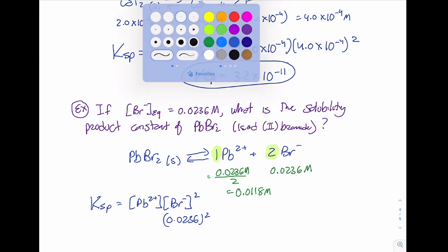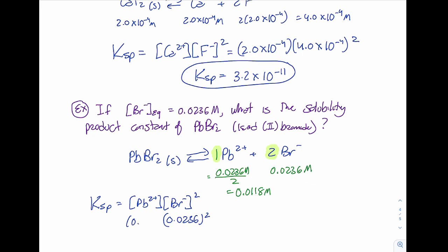So going back and plugging that number in, and then doing the math, I get 6.57 times 10 to the negative 6 for my value.